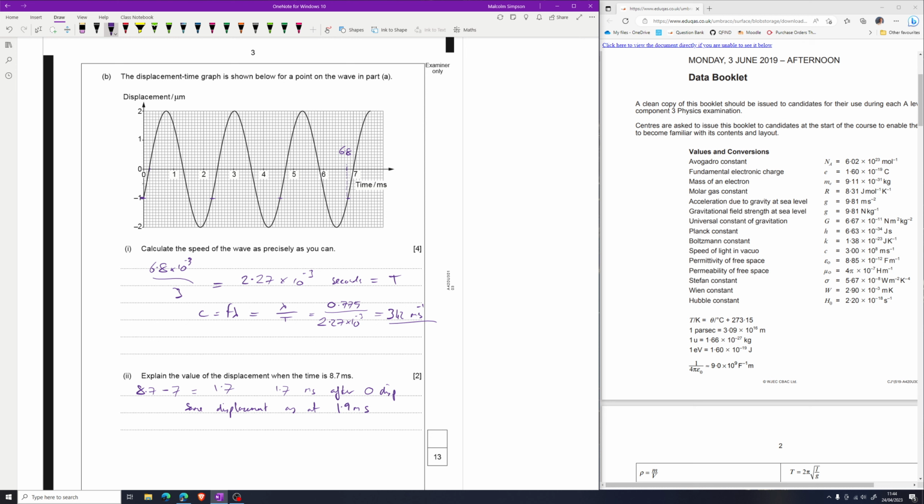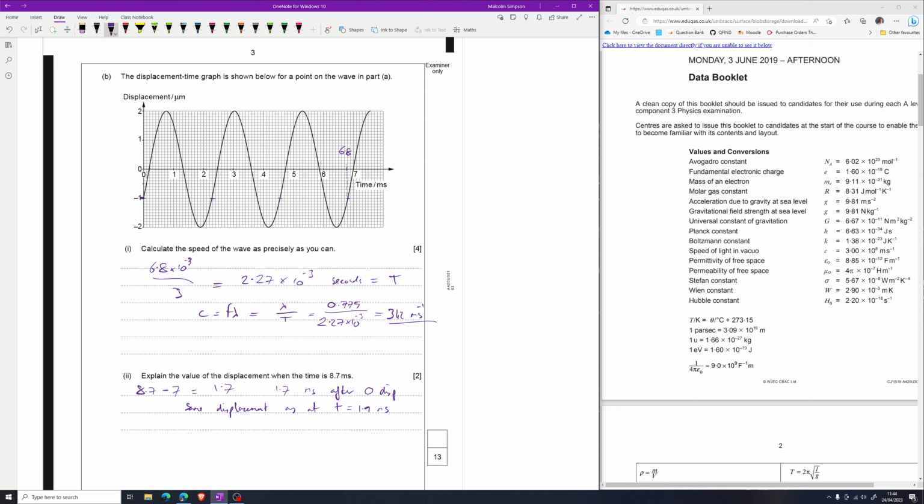Arguably I could put in t equals 1.9 milliseconds. Because it does say explain, it doesn't say calculate, so let's just read it off the graph. At 1.9, displacement is minus 1.9 micrometers.